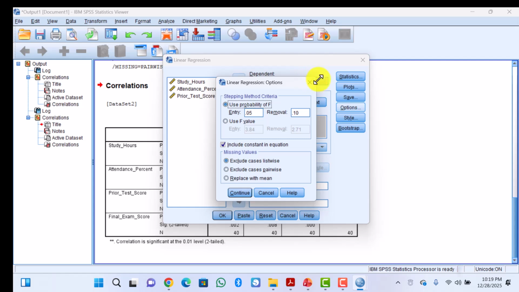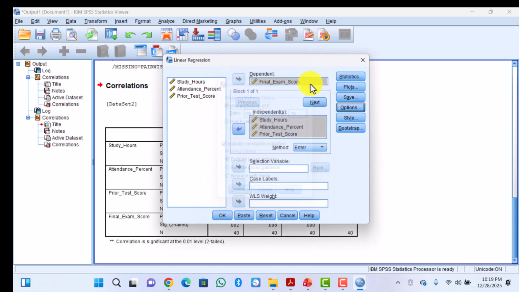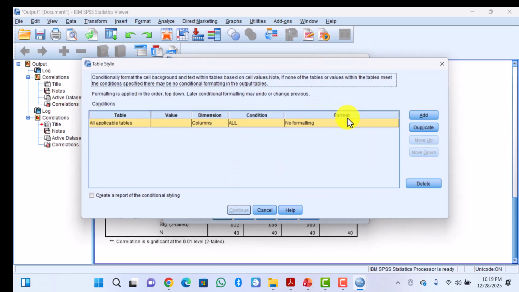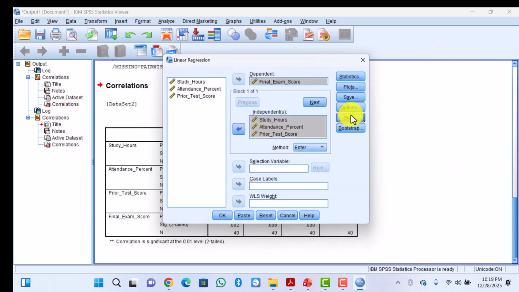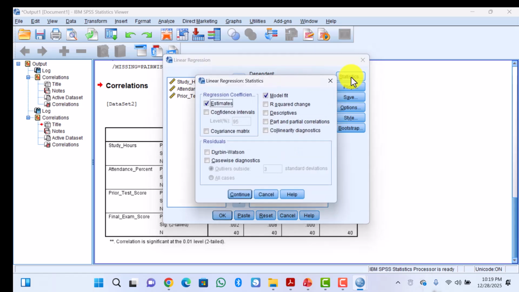SPSS does not give us the values through which we can measure the level of multicollinearity. But when we have our output of correlation, we could manually look at the level, though there is a very easy way.